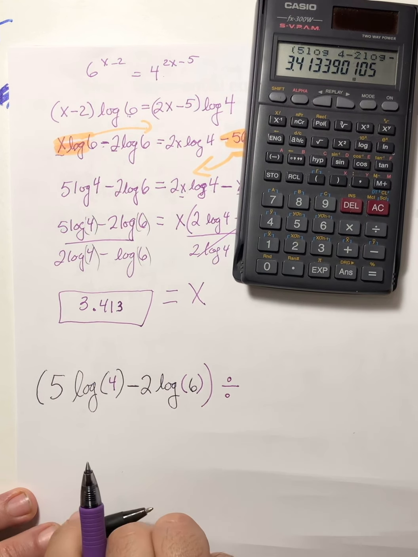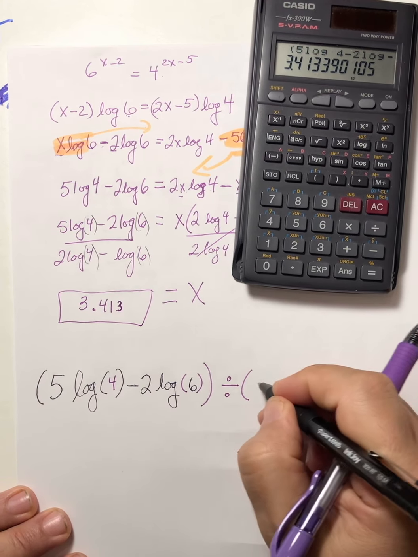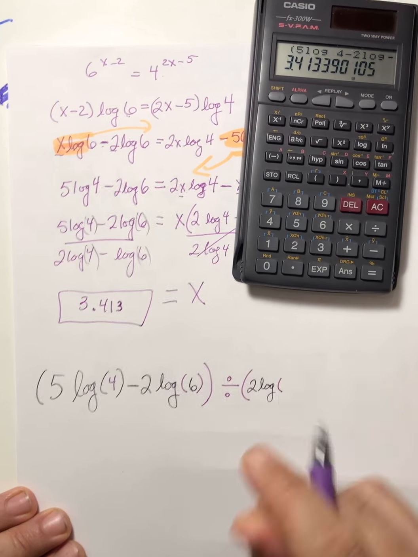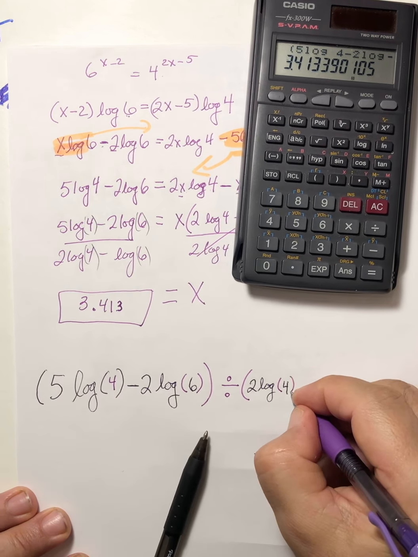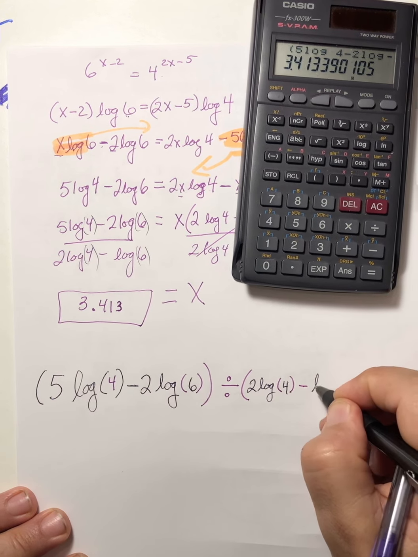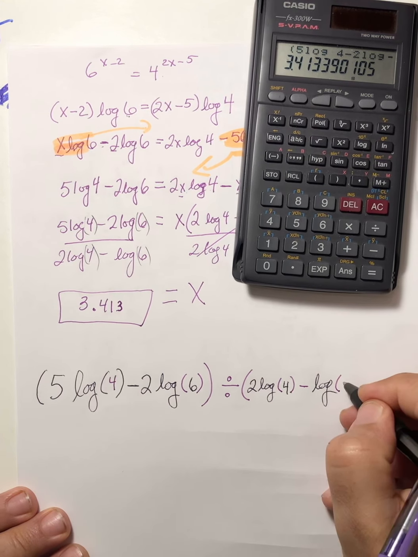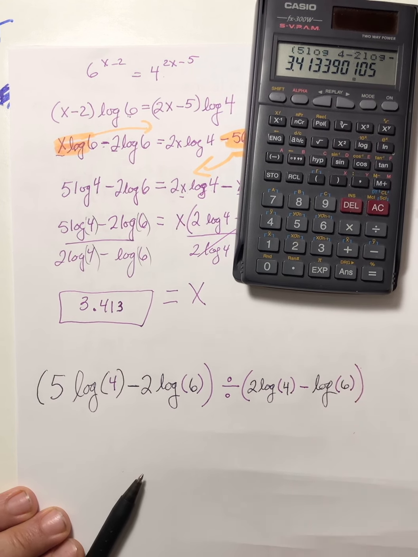Then you got to do an open parentheses. Then we start typing in the 2, log. And remember, the calculator automatically gives you an open. So 4, close it, minus log. Calculator automatically gives you the open, close, and then close it one more time for the entire bottom. Hit equal and get you 3.413.